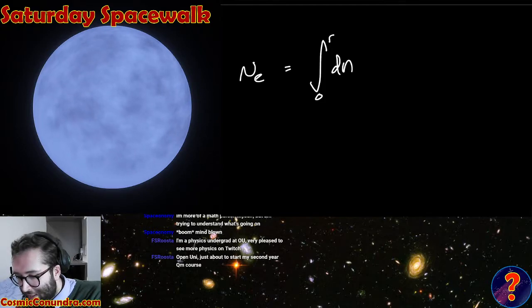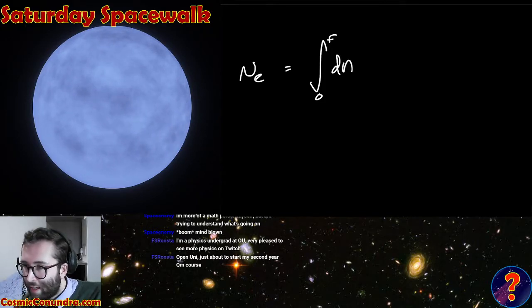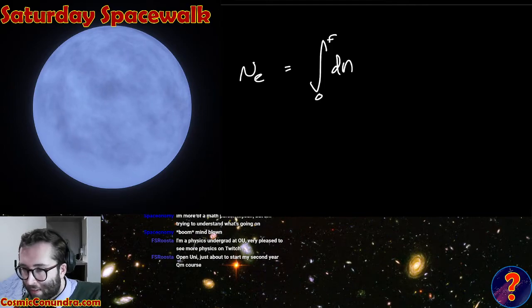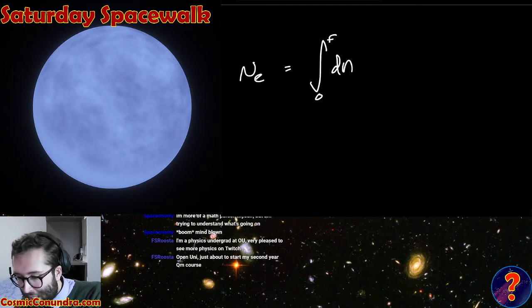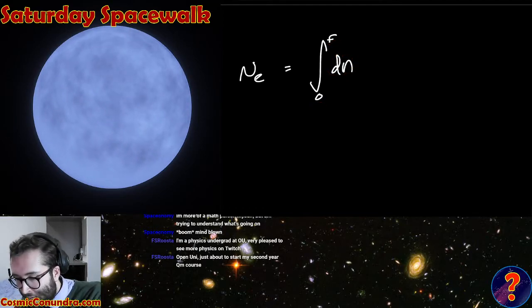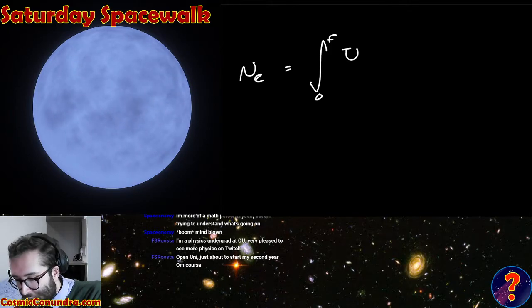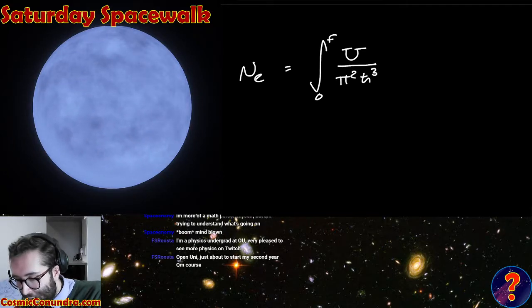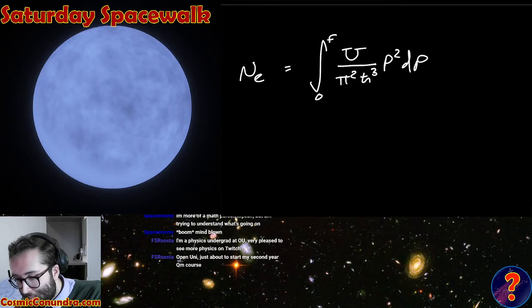Now I'm going to change this because I'm going to fill it in as we go, so I will rub the sum of this out and change it. So we want to count how many states are allowed between 0 up to the level of the glass that we fill up to. And remember, we've expressed the number of states in terms of momentum using this density of states, as I called it, p squared dp.